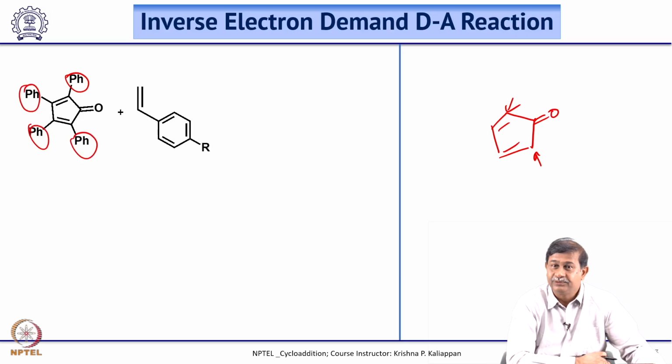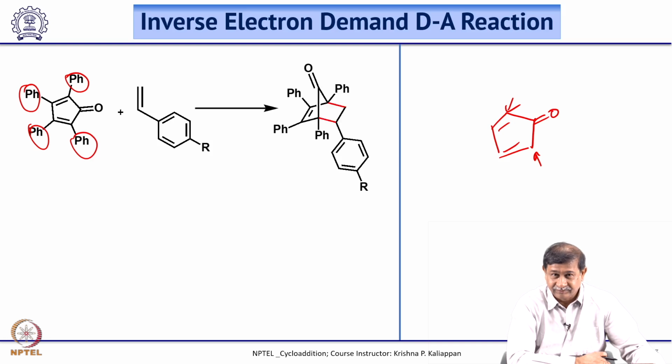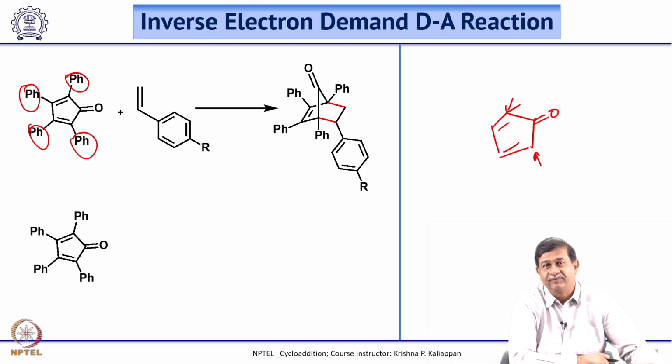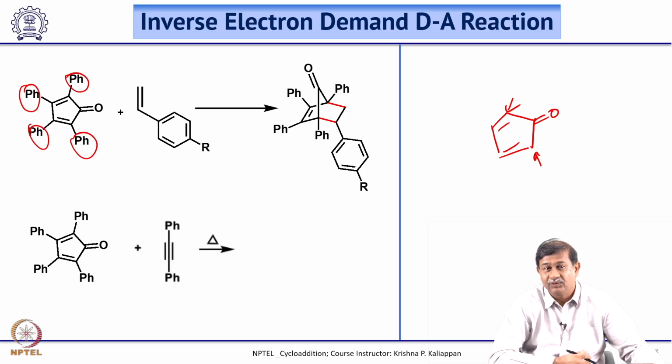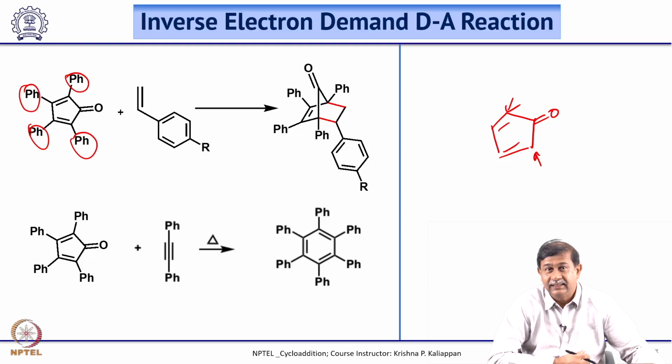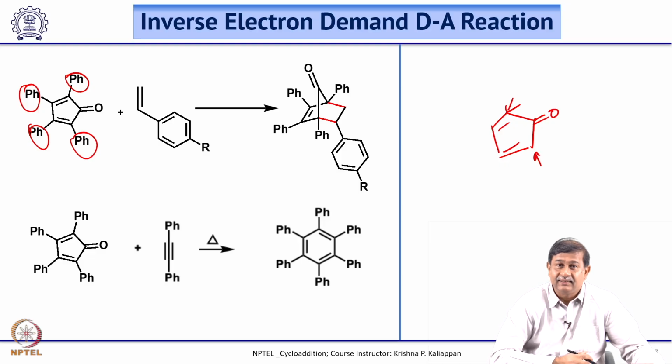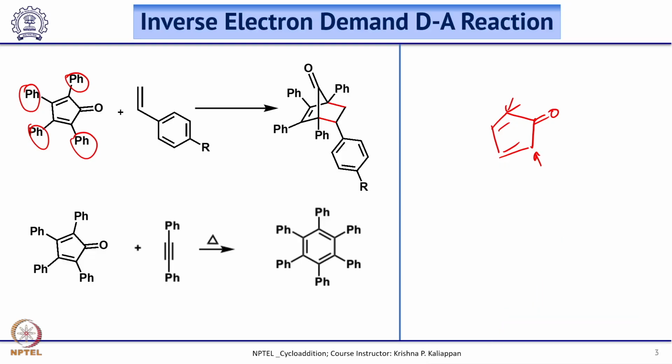Now one can do inverse electron demand Diels-Alder reaction with various styrenes. If you do that, what you get is bicyclo 2,2,1 heptenone. Likewise, instead of styrene, if you use substituted acetylene, for example diphenyl acetylene, what you get is hexaphenyl benzene.